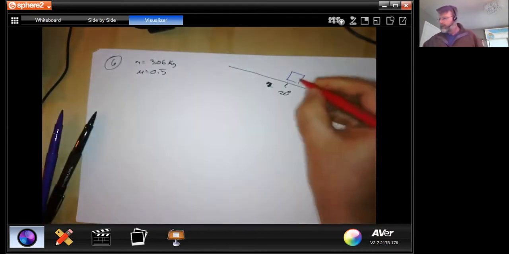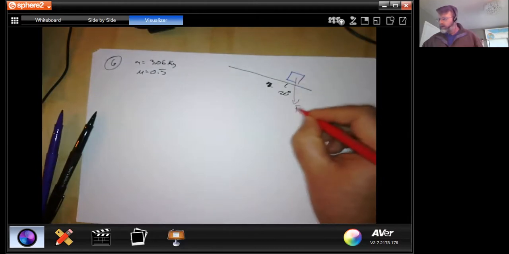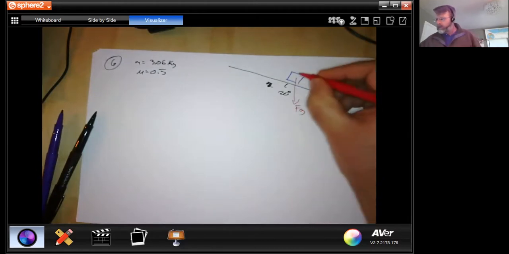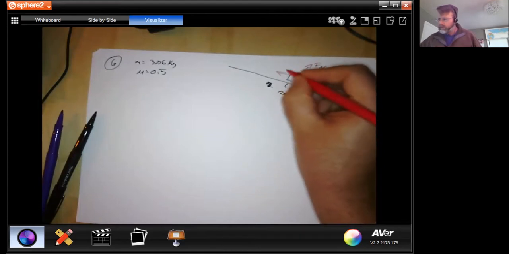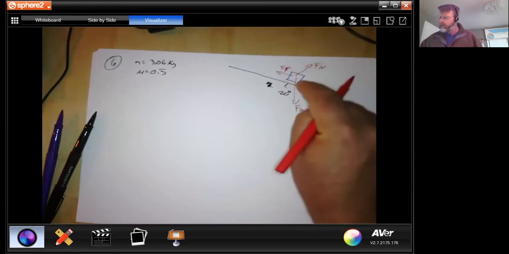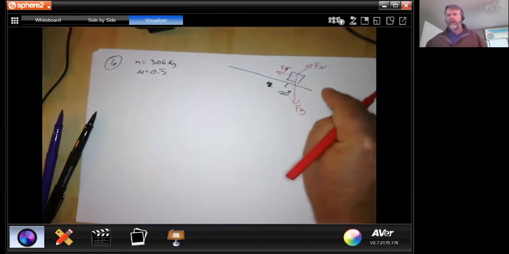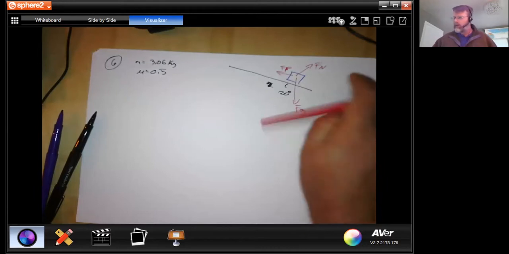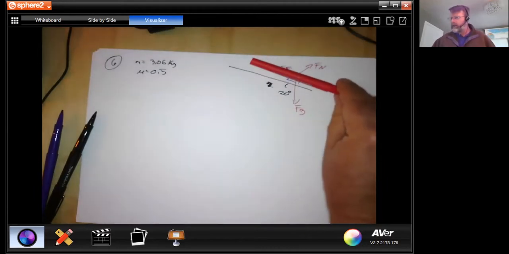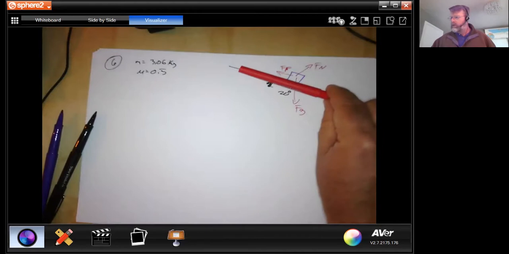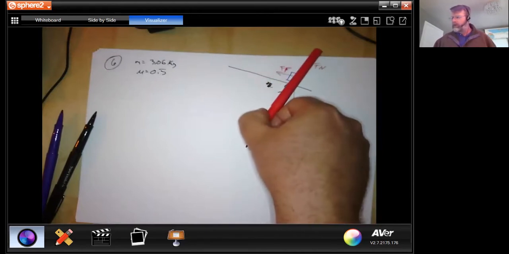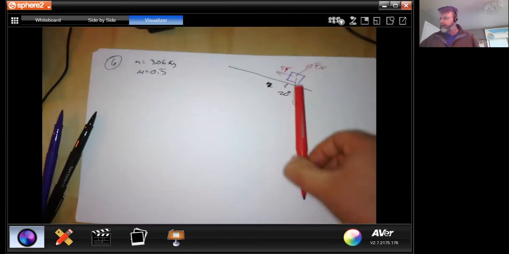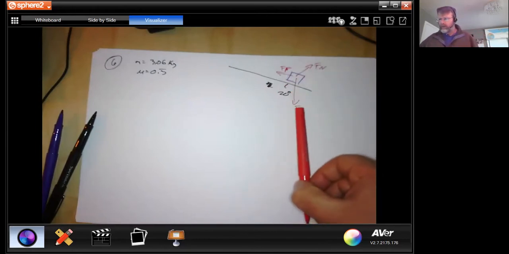So we're going to have the force of gravity, and we're going to have force normal, and we're going to have the force of friction. Force of friction might be this way or that way. It's whatever way opposes motion, but we know it's going to be acting in the plane of the surface, parallel to the surface. And we know the force normal is going to be perpendicular to the surface. The one that is neither one of those is the force of gravity.